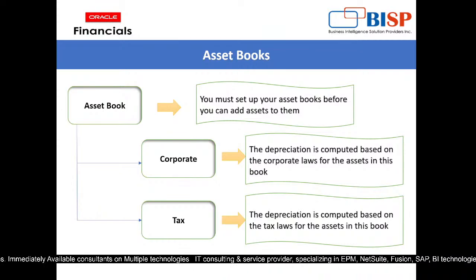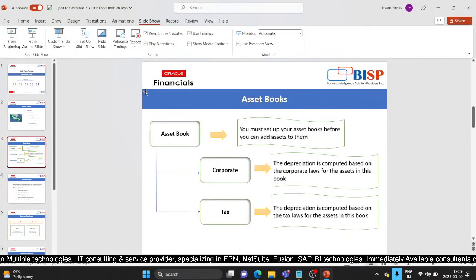You can associate the tax book to the ledger of its corporate book or to a different ledger. You can optionally create general entries and transfer them to your general ledger. So we will be creating both types of asset books, the corporate and the tax, after moving to our instance. Let's move to our instance.